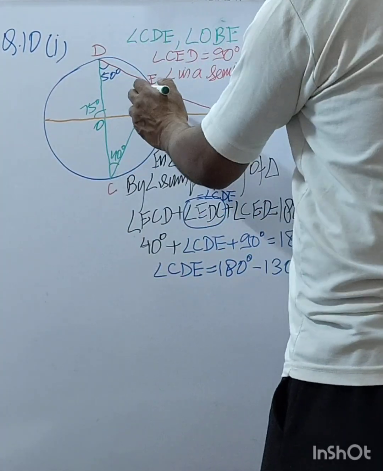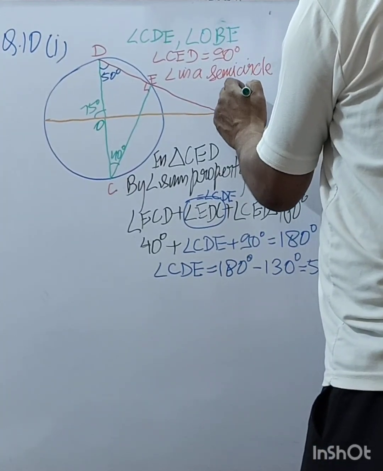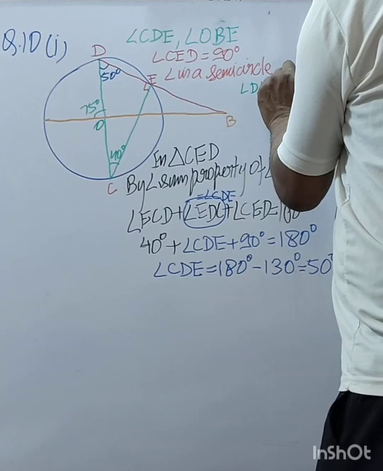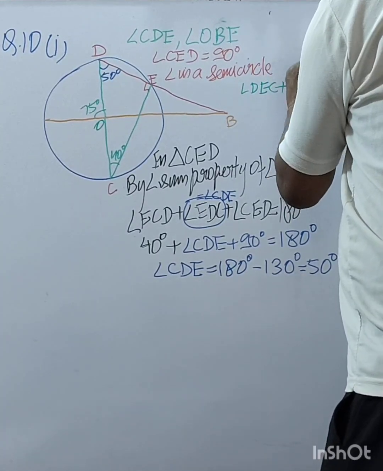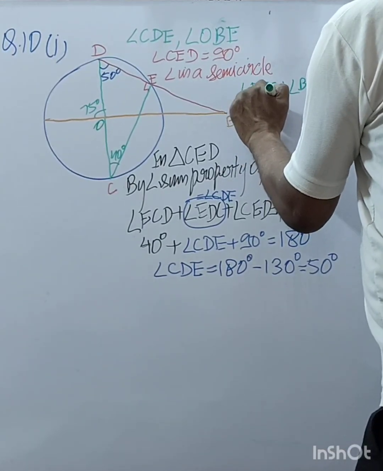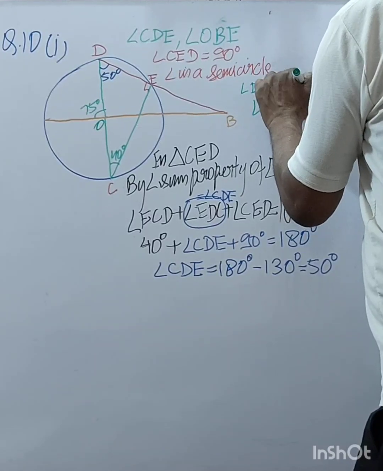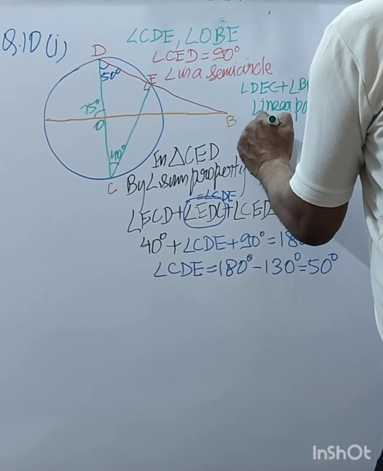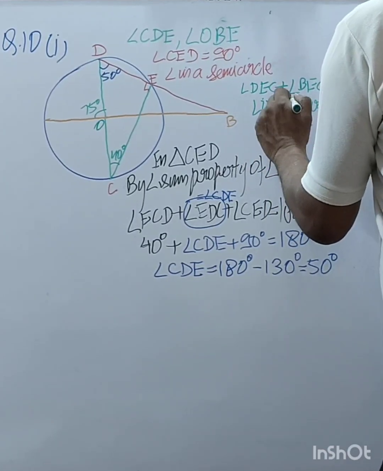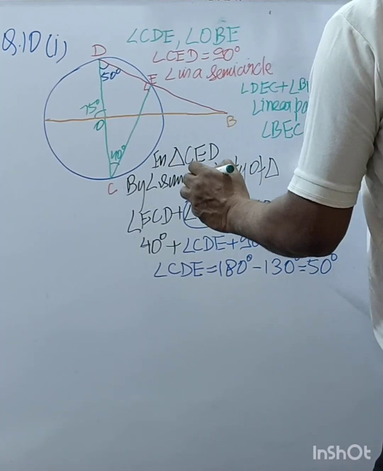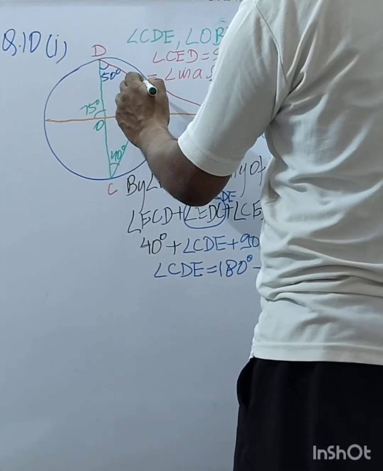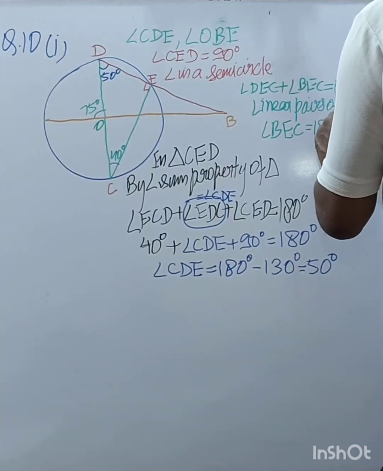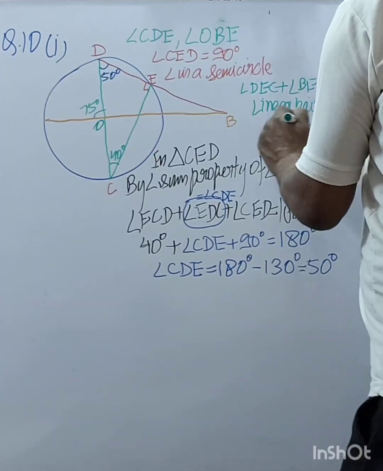So here you can write angle DEC plus angle BEC is equal to 180 degree, linear pair of angles. So angle DEC is of 90 degree, so angle BEC is equal to 180 minus 90 degree, which is 90 degree.